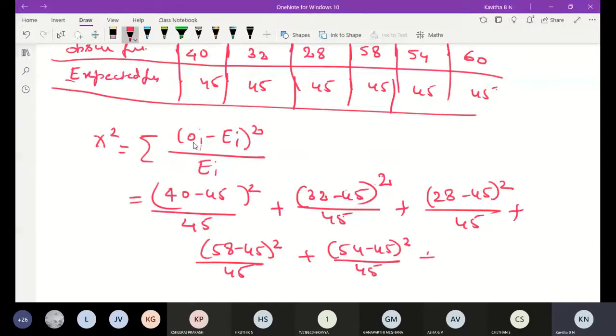Then take 1 by 45 common. 40 minus 45 is minus 5, 32 minus 45 is minus 13, and so on, squared by 45. Use the calculator, simplify, and you will get the value.